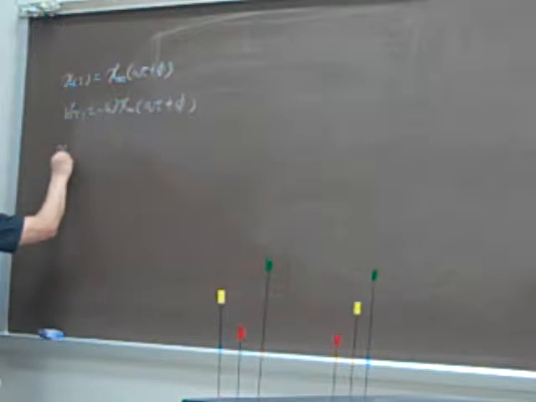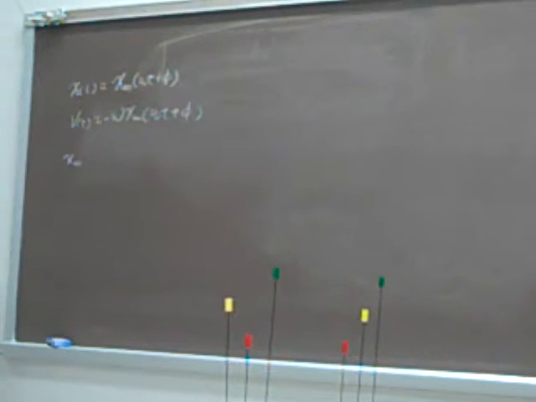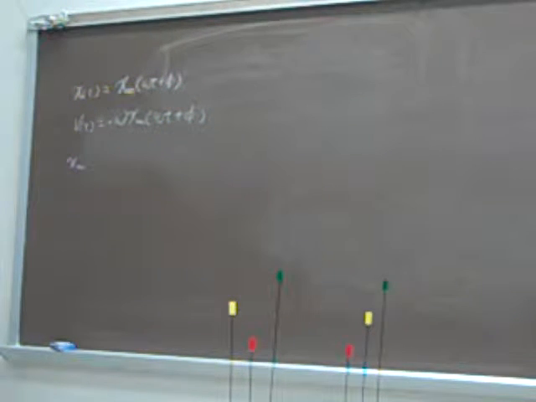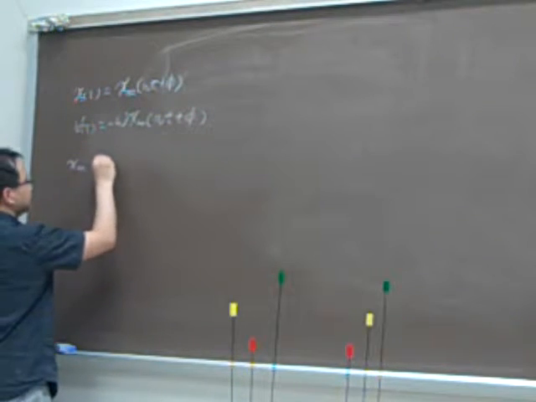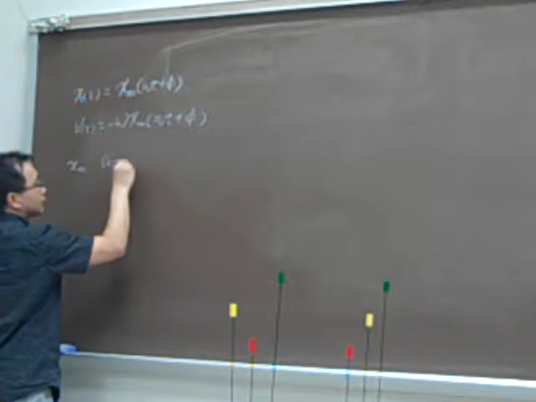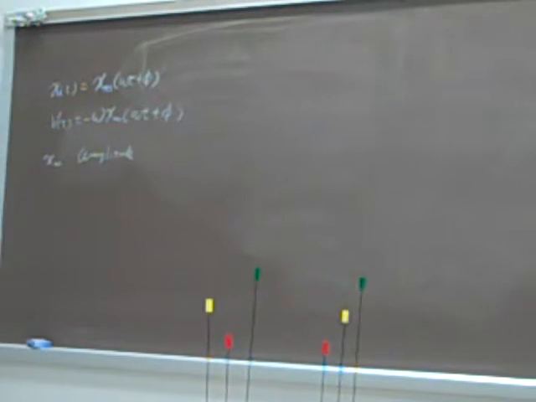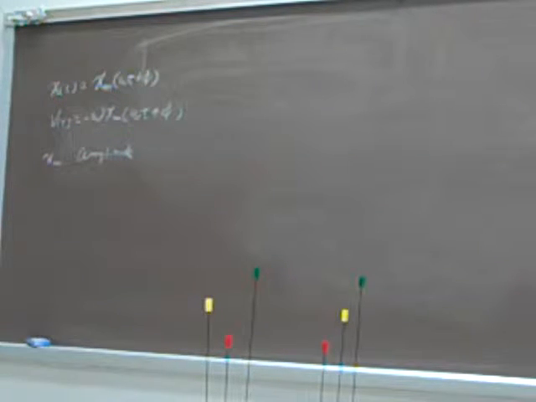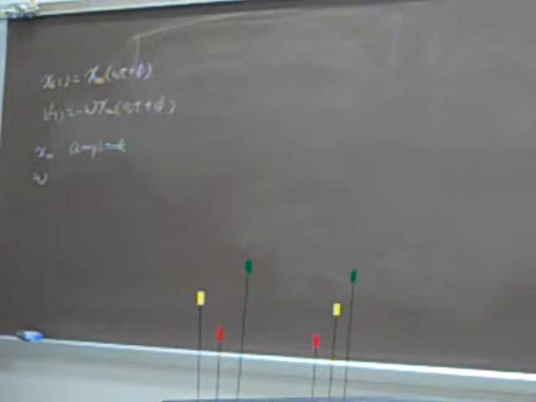What is x_m? What do we call it? Amplitude. What do we call omega?